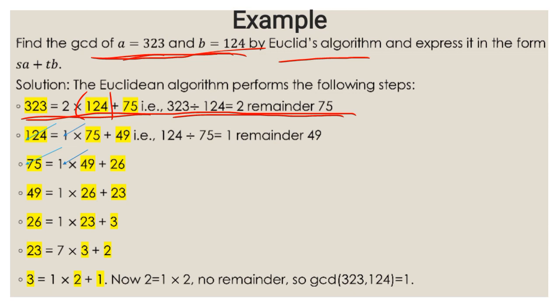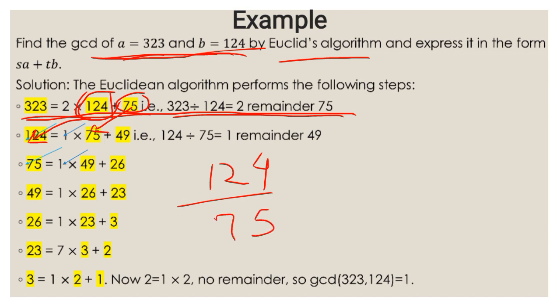Okay, so now I haven't found that. My interest is in this number here. I bring it forward here, and my remainder, I bring it this way. Now, see what I'm going to do. This number, 124, I'll take it again and divide it by my previous remainder, 75.